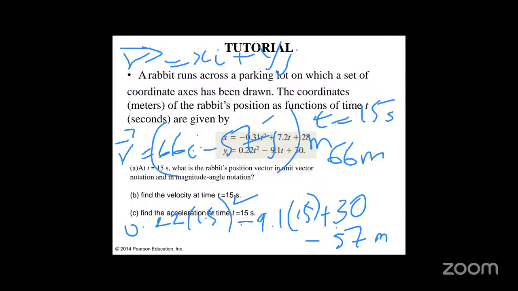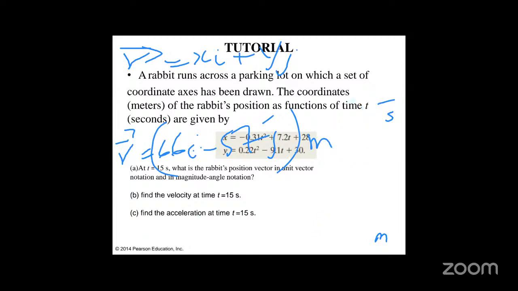Now we are asked to find the rabbit position vector in unit vector notation. So that is what we have done. Now we are also asked to find the magnitude and the angle. Recall, to find your magnitude, it is equal to the square root of x squared plus y squared.